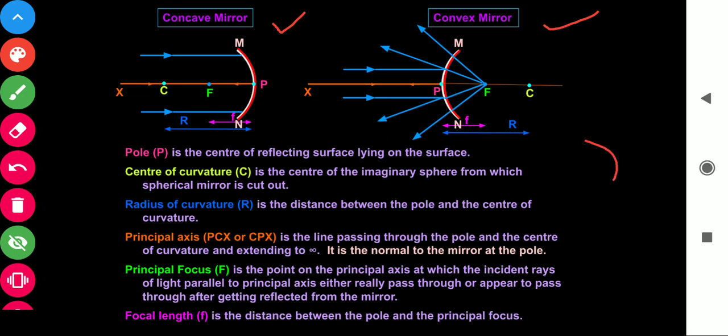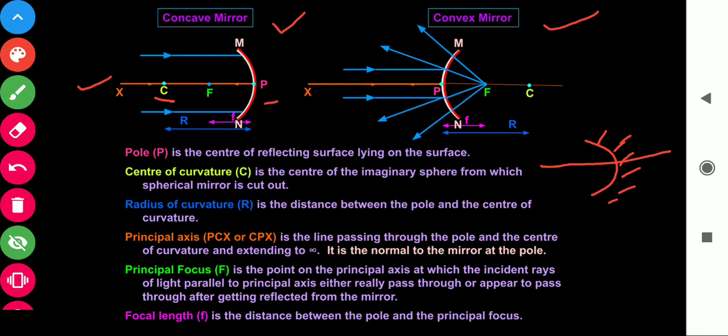This is concave mirror, and the line passing from the center is called principal axis. This is the principal axis here. The point C is the center, and the midpoint between P and C is called focus.